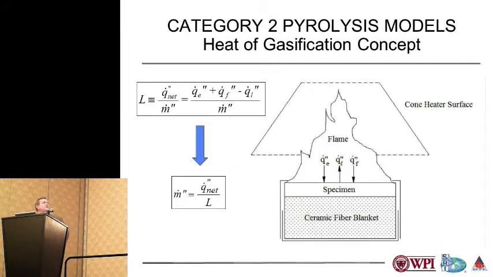Category 2 models rely on these properties that we determine on the basis of the bench scale measurements. The primary property that we consider here is the heat of gasification. Heat of gasification is the amount of energy that is needed to gasify a mass unit of the material.